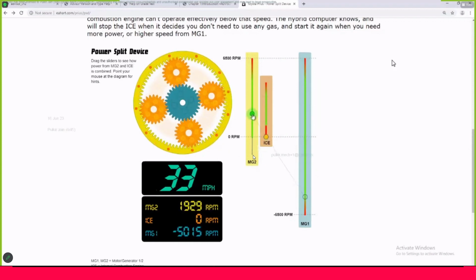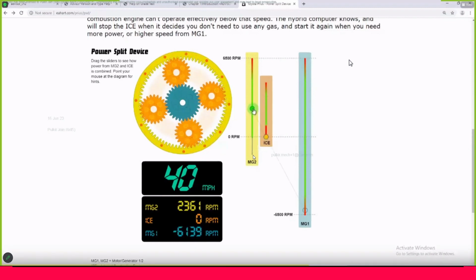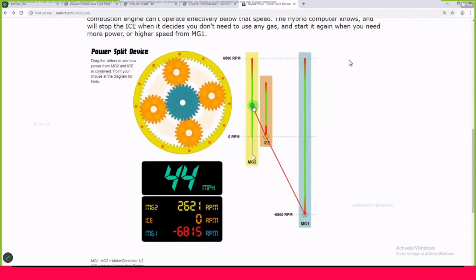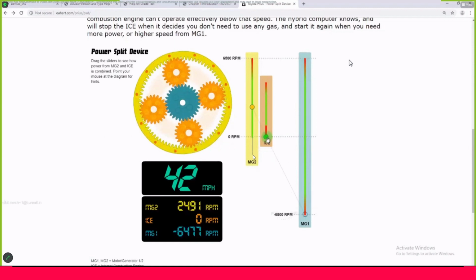So the engine being off, I can go up to 40, 44. Okay, now here I have reached the limit of motor generator 1, and I have to reduce this value. So this is 42 miles per hour. So Toyota Prius can go up to 42 miles per hour with the engine in the off condition, only taking the power from the battery.